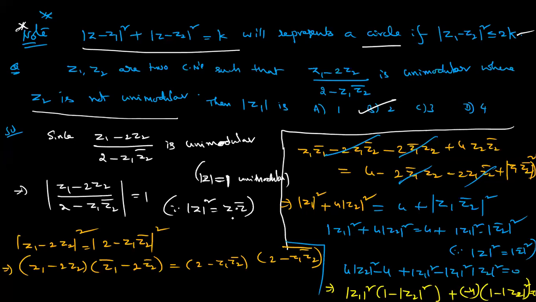Modulus of Z square is equal to Z into Z bar. So use this property, squaring both sides.